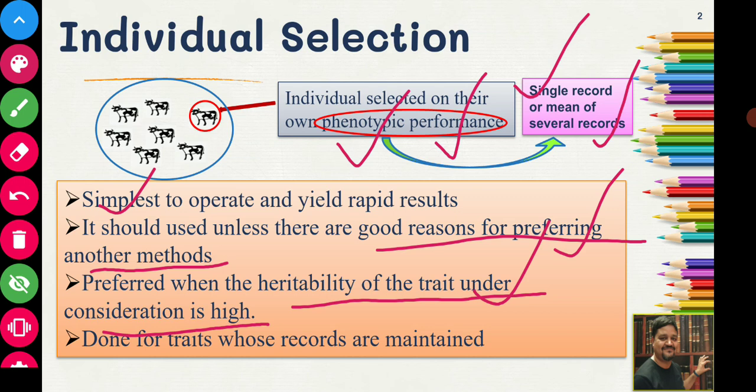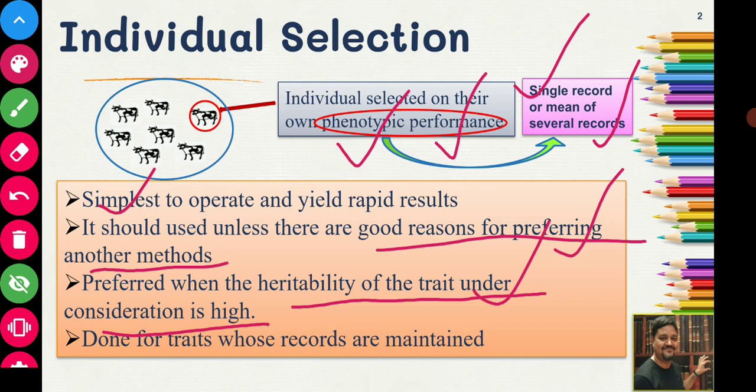In simple words, however much milk we obtain from that parent, we hope the same amount will be obtained from the progeny it produces. For that, heritability of the trait should be high.